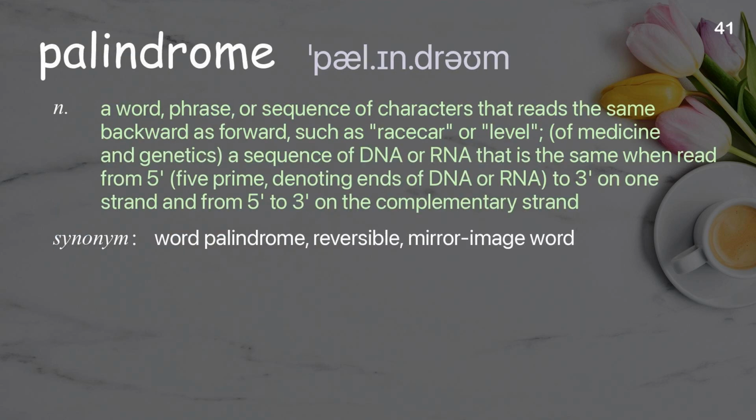Palindrome. A word, phrase, or sequence of characters that reads the same backward as forward, such as racecar or level. In medicine and genetics, a sequence of DNA or RNA that is the same when read from 5' to 3' on one strand and from 5' to 3' on the complementary strand.